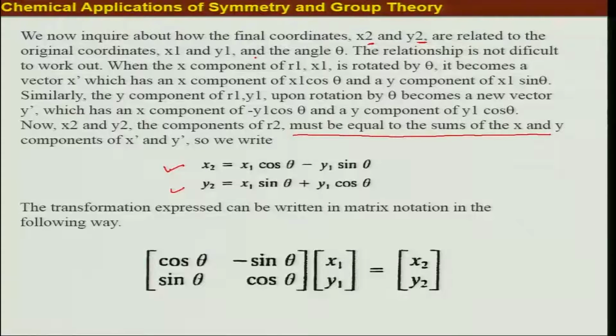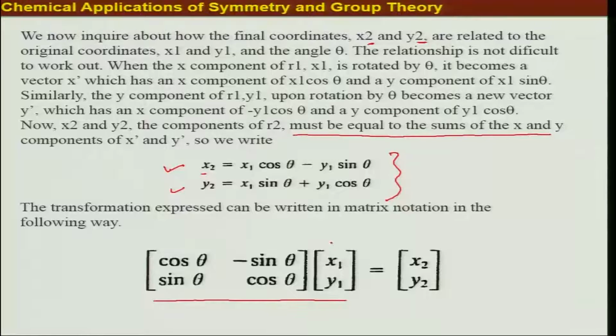Now once you have written down these equations, you can find out the transformation matrix, because your aim is to find out what x2 and y2 are. Now you have found x2 in terms of x1, y1, and theta, and you have found y2 also. So if you couple these two equations, you can very easily find the matrix for that. The matrix form is here.